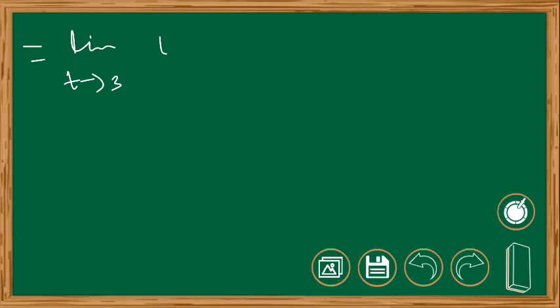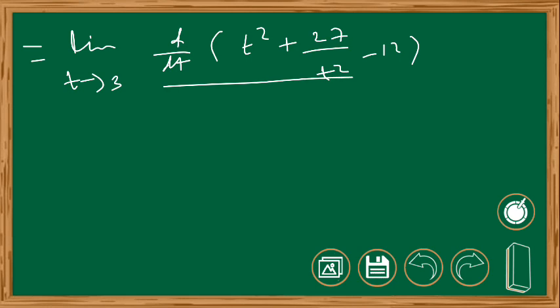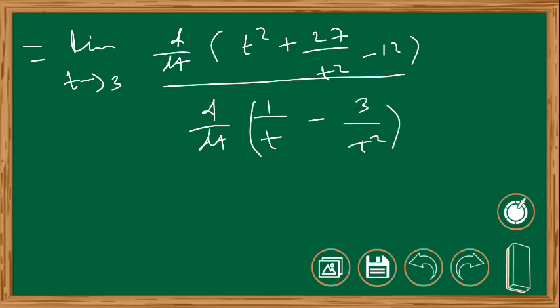It will be d by dt of t square plus 27 divided by t square minus 12, whole divided by d by dt of 1 by t minus 3 by t square. Clear? So let us find the derivative.